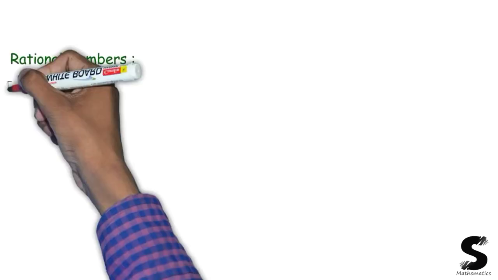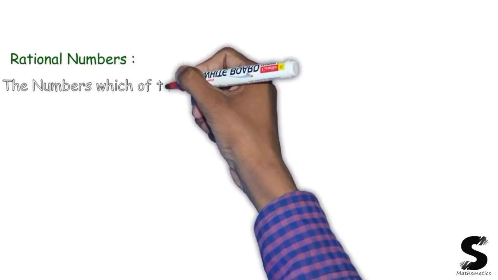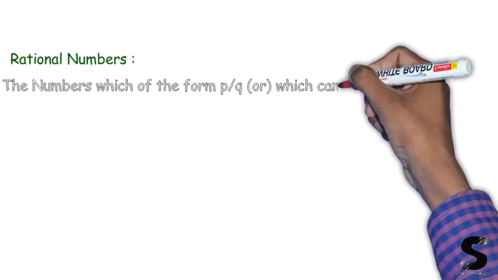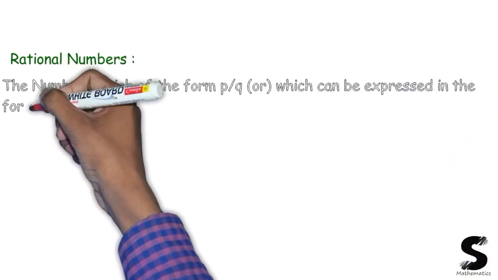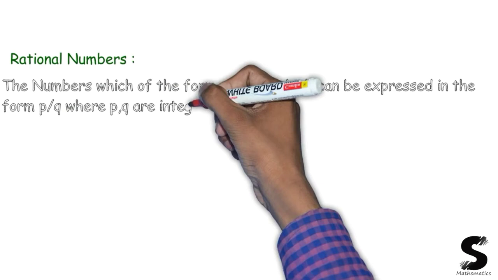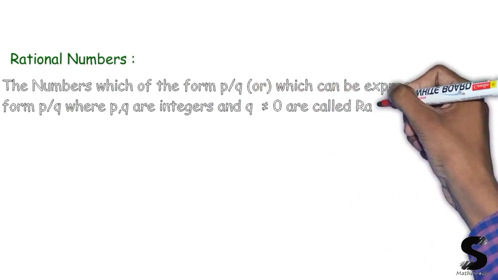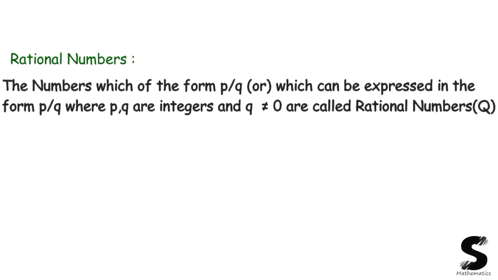Rational numbers. The numbers which are of the form p by q, or which can be expressed in the form p by q, where p, q are integers and q not equal to 0, are called rational numbers.